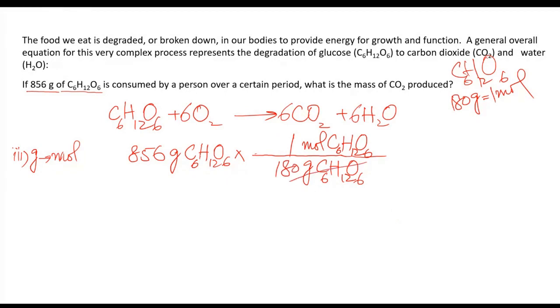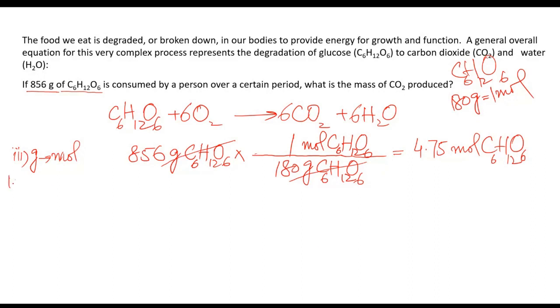Gram of glucose cancel. Now 856 divided by 180, what is your answer? 4.75 mole of glucose. So your step number 3 is finished.